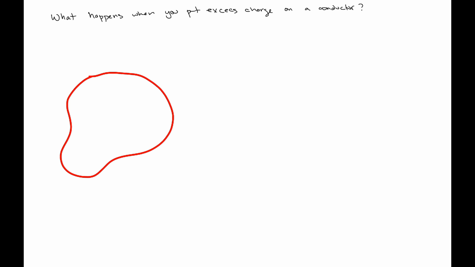If I put some excess positive charge on this conductor, that positive charge is going to move all the way out to the outer walls of the conductor. In fact, if we know anything about atoms, it's not really the positive charge that's moving.